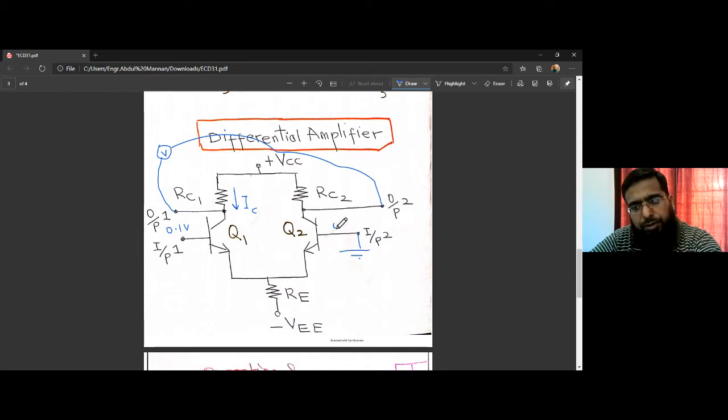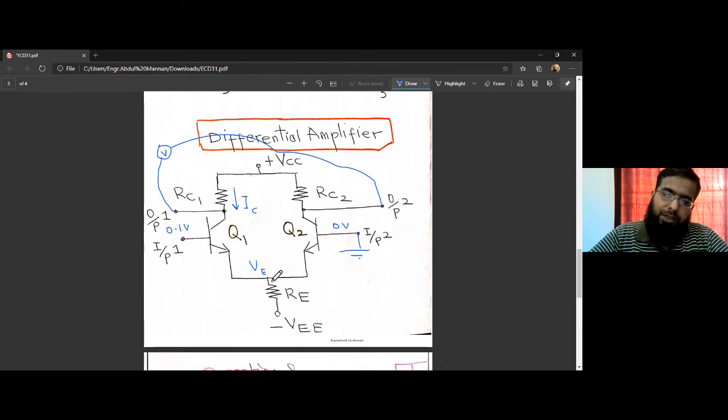The magnitude here is 0 volts. So this base emitter voltage, since the emitters are connected together, we'll have only one voltage at the emitter of transistor Q1, the same voltage at this emitter as well as at this emitter. So VE1 would exactly be the same as VE2, equal to VE.